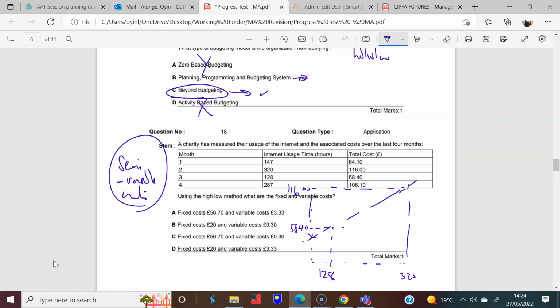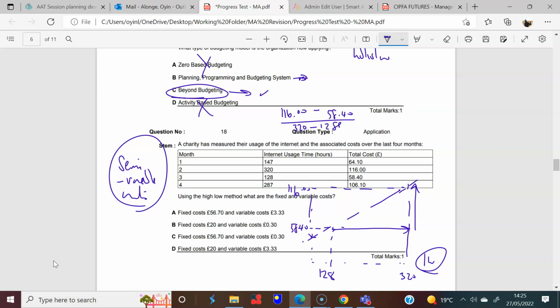The only way to really do that is to say when this goes from here to here, this increases from here to here, doesn't it, in terms of cost? So if we do it in totals, we can find the average, because we're interested in what happens when there's a 1 hour increase. So what do we have? We have 116 minus £58.40, divided by 320 minus 128, right?